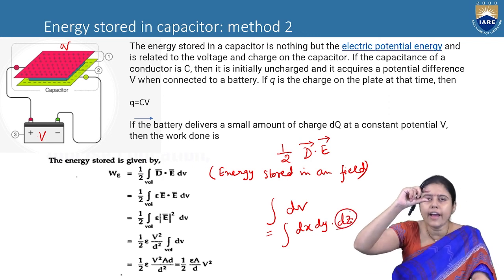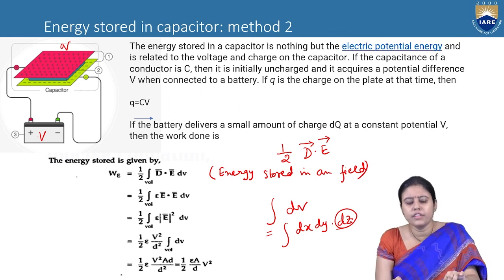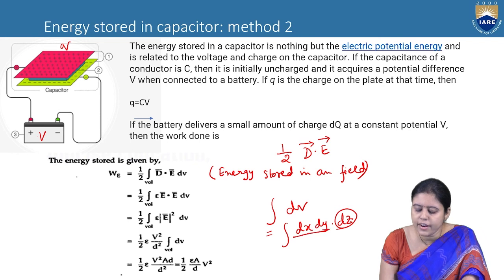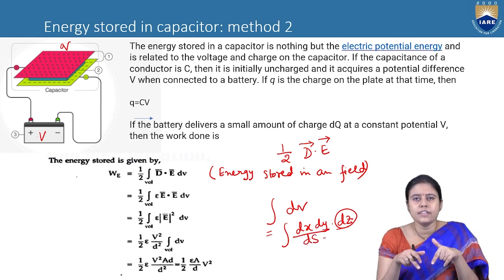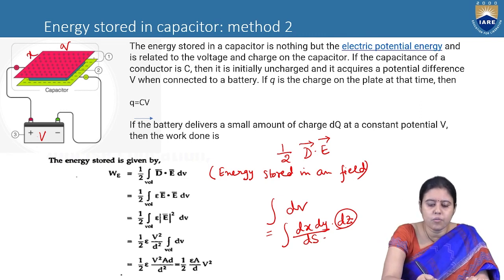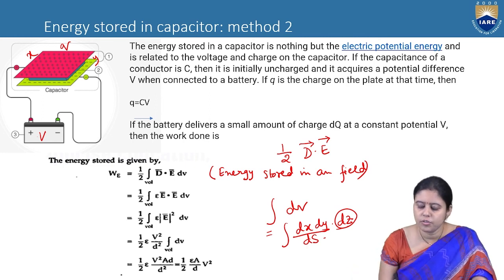Dz is basically the height, the distance or thickness of the parallel plate. What is dx and dy? Dx and dy is the surface. X and this is our y. So x and y is the surface, so we can write it as dS dz.